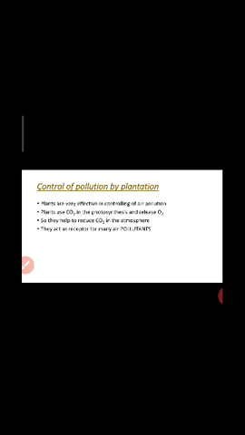The sinks of carbon dioxide are oceans and plants. They also act as receptors for many air pollutants, so many air pollutants interact with the plants. That's why plantation or afforestation is very important.